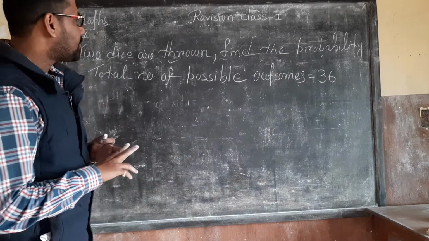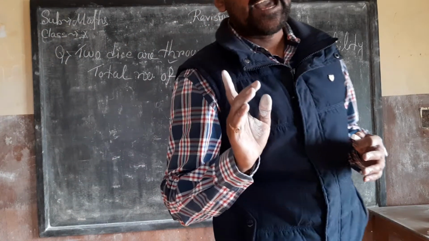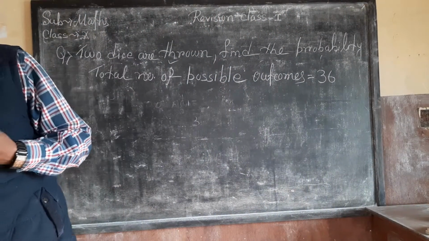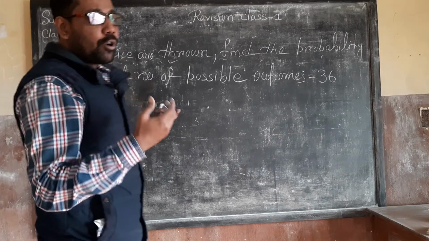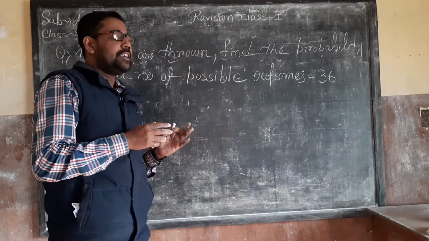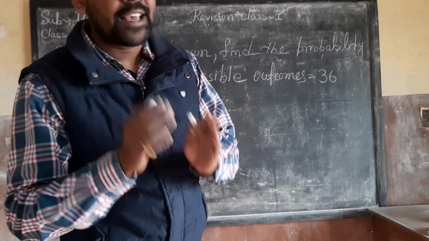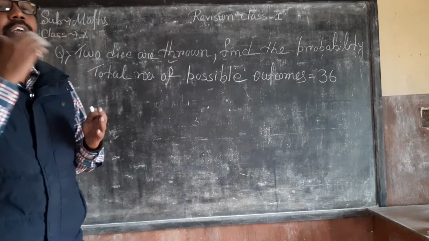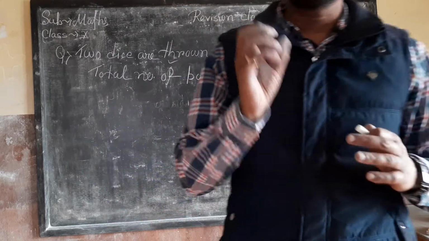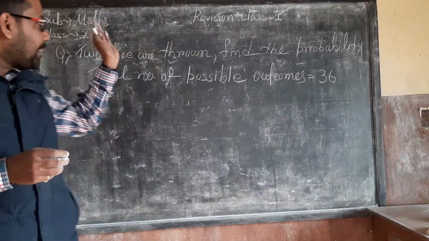Why is it 36? Because when we throw a dice one time, the total number of possible outcomes is 6, and when we throw 2 dice at a time, the total number of possible outcomes is 6 into 6, which is 36. For 3 dice, it is 6 into 6 into 6.